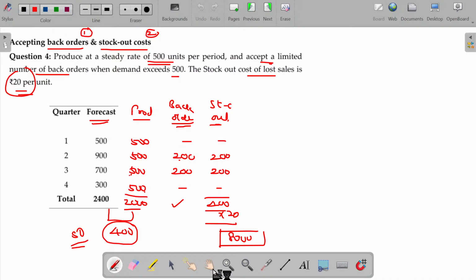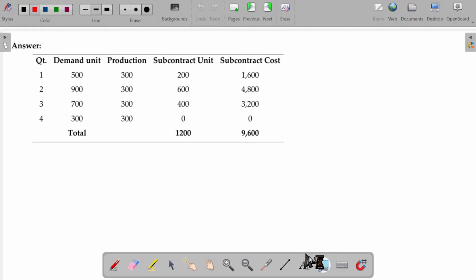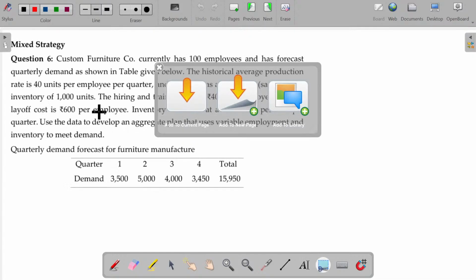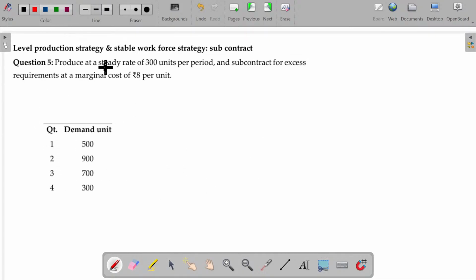The last one is a very simple one. See here. Produce at a steady rate of 300 units per period. Subcontract for excess requirement at a marginal cost of 8. So production being always 300.